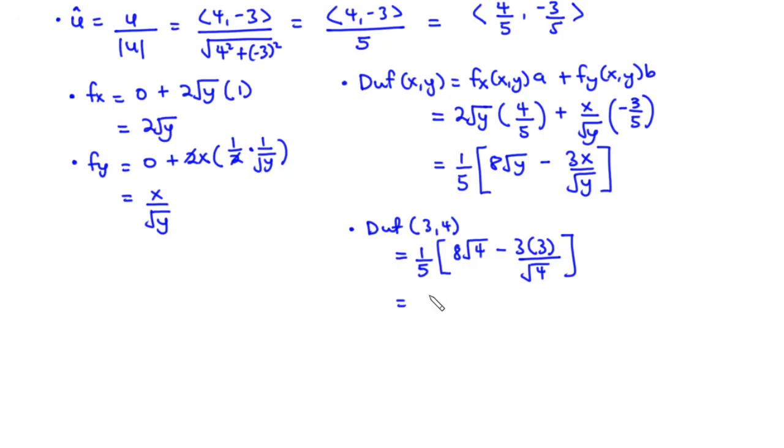So that is equal to 1 over 5 times, now square root of 4 is 2, so we have 8 times 2 minus 3 times 3 over 2, and that's equal to 1 over 5 times 16 minus 9 over 2.